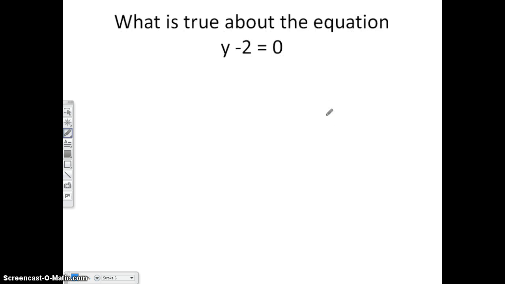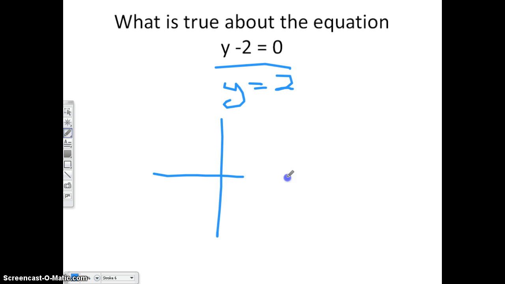What would be true about the equation? You have a couple questions on the test where they'll give you something like this and then have several statements for you to choose from. First of all, I'm going to transform this to something that I can tell. And I might do a quick little graph so I can see what I'm looking at. They might have something like one of the options may be that it has an undefined slope.